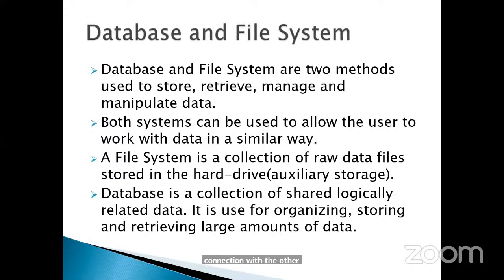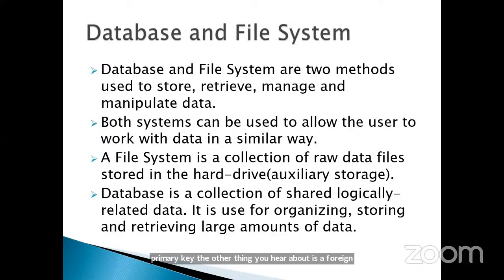Let me use a student's example. A student has a matric number. That matric number is a primary identifier. So when you say relational database, you'll be hearing of primary key. The other thing you hear about is a foreign key.